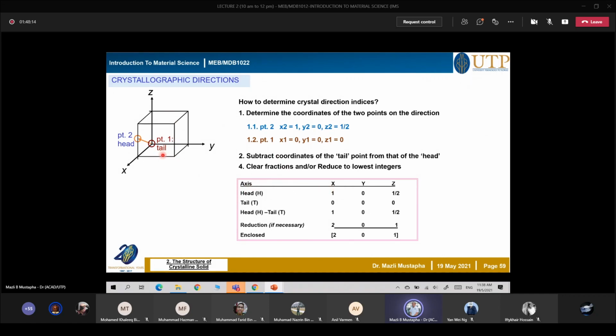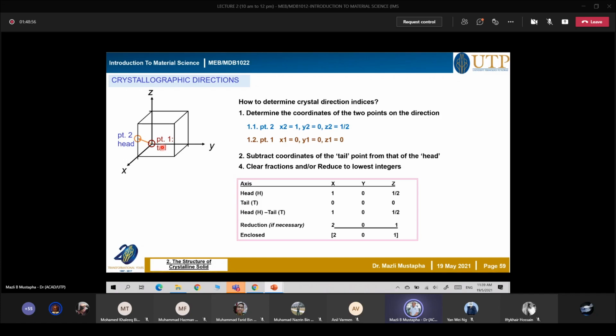This one we have the coordinate. Let's say this distance is half. For the head, the coordinate is 1 in the x direction, because we have to move to the front. We do not move in the y direction, or the coordinates don't involve any y direction.